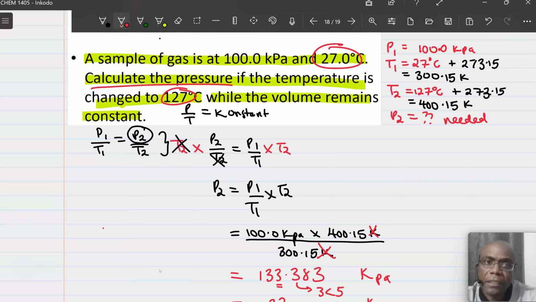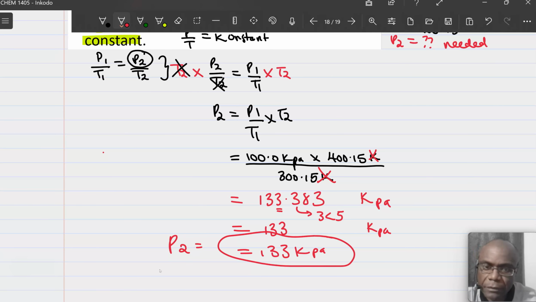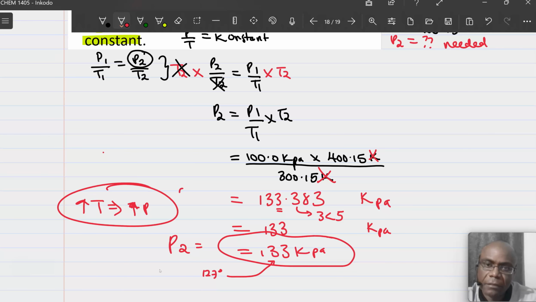So you see at 27 degrees the pressure is 100. At 127 degrees, the pressure is 133. So yes, increase in temperature leads to increase in pressure according to Gay-Lussac's law.